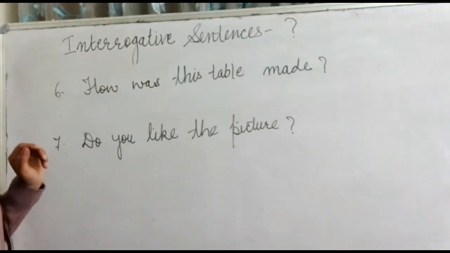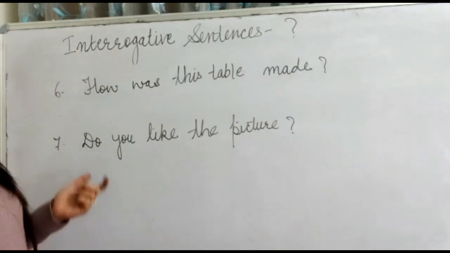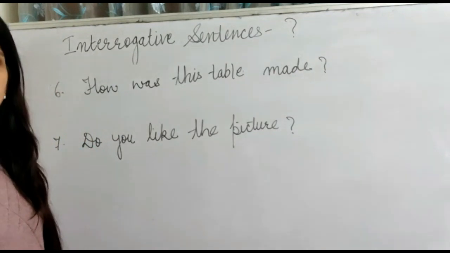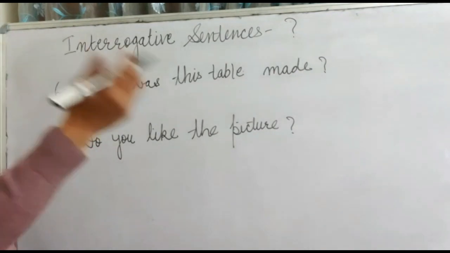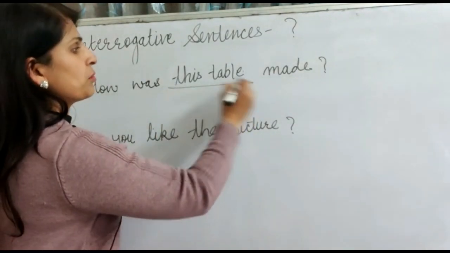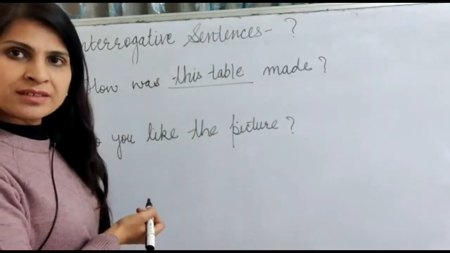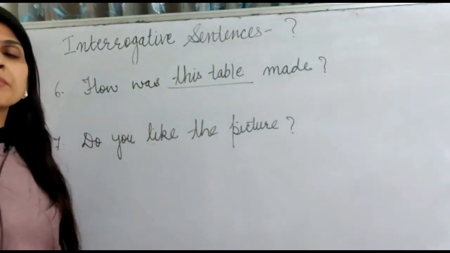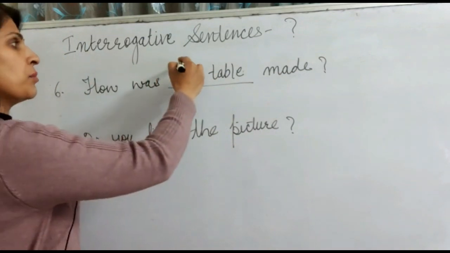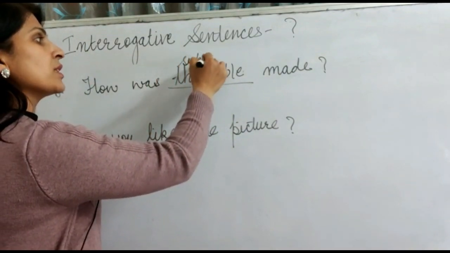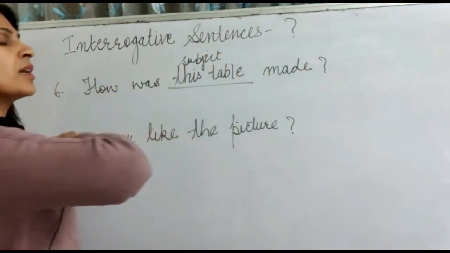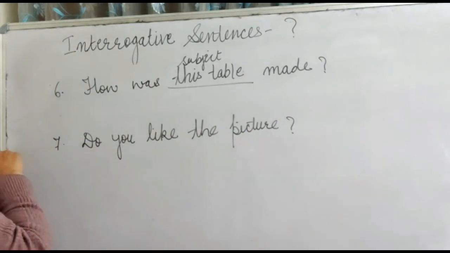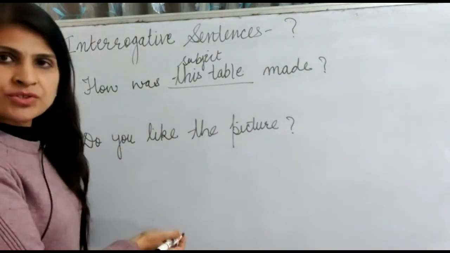In the next sentence, can you find what are we talking about here? Yes, we are talking here about this table. What was made here? This table was made here. So, this table is the subject in this sentence. And in the next sentence, that is, do you like the picture?